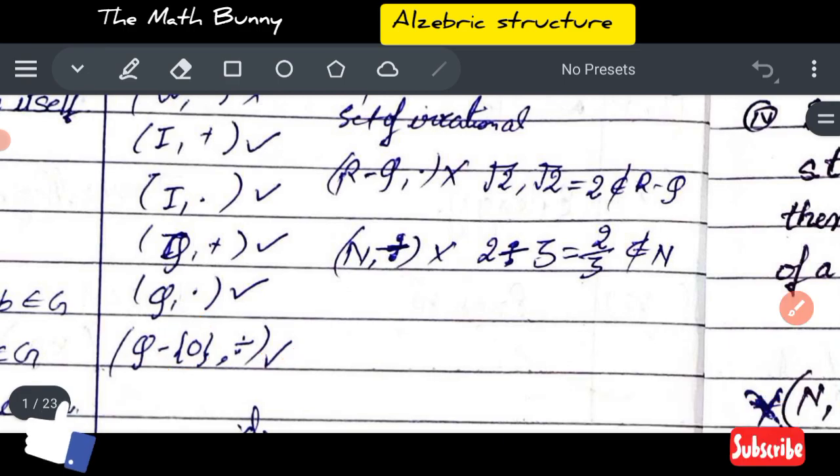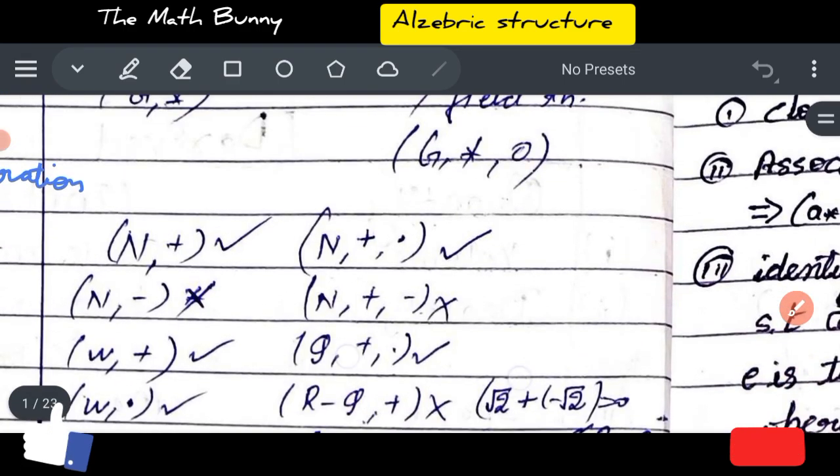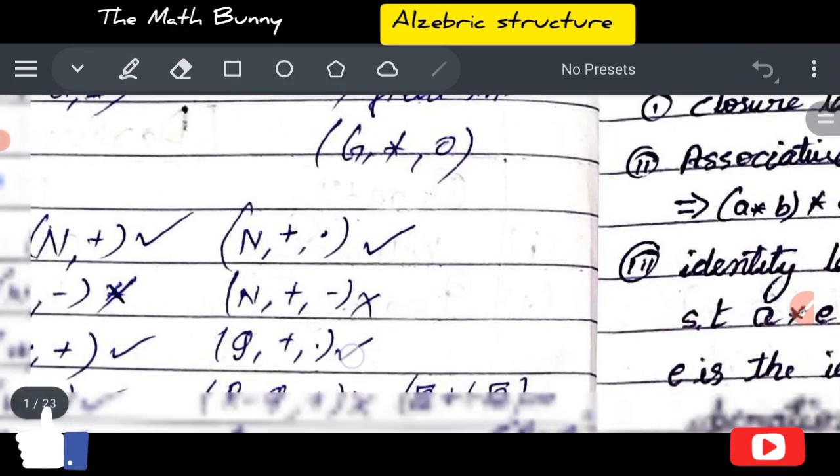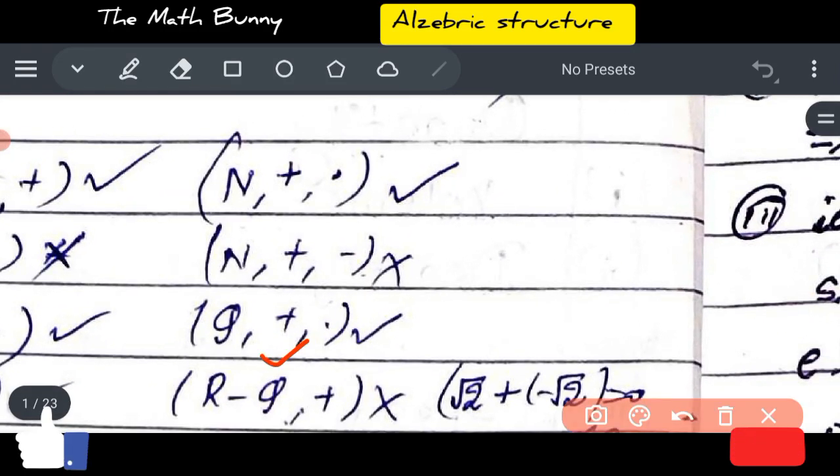Now let's take more examples. This type of structure has two operations: natural numbers with plus and multiplication. Here the result will always be a natural number.